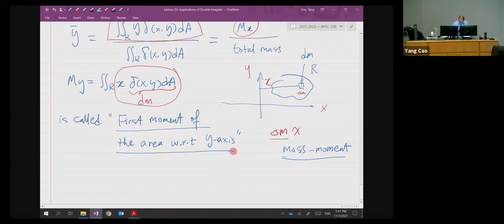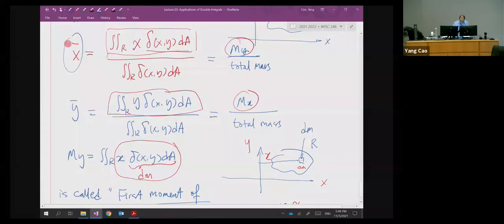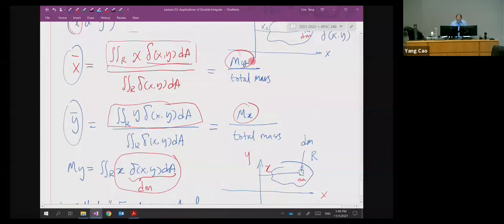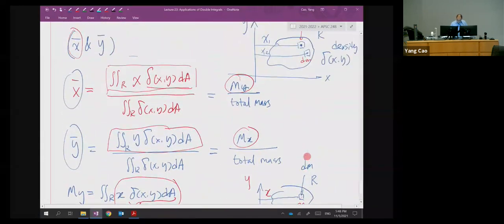So this is called the first moment of the area with respect to the y-axis. And the center of mass, x bar, y bar, could be interpreted as the first moment of the area with respect to the y-axis divided by the total mass.